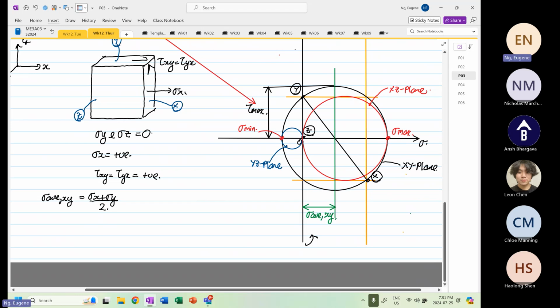And then to find our radius, okay, to determine our radius, this will be equal to square root. Still the same. I think the formula still is valid. So it is stress x plus stress y divided by 2, right, squared, plus shear xy squared. Okay.